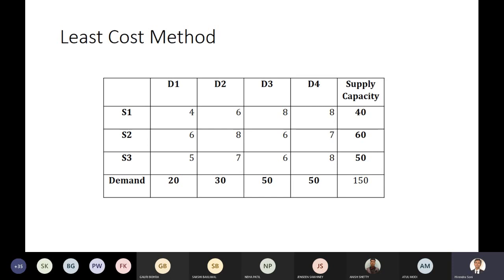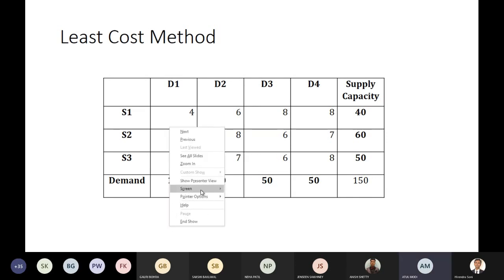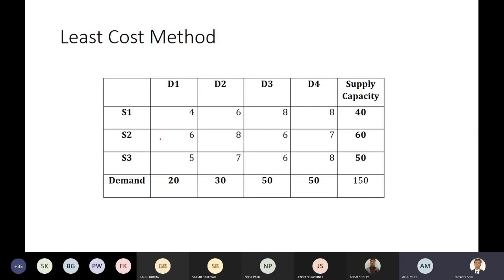The second method says allocate the maximum possible in the least cost cell. So when I look at all the cells, which is my least cost cell? S1 D1. So how much can I allocate here? 20.